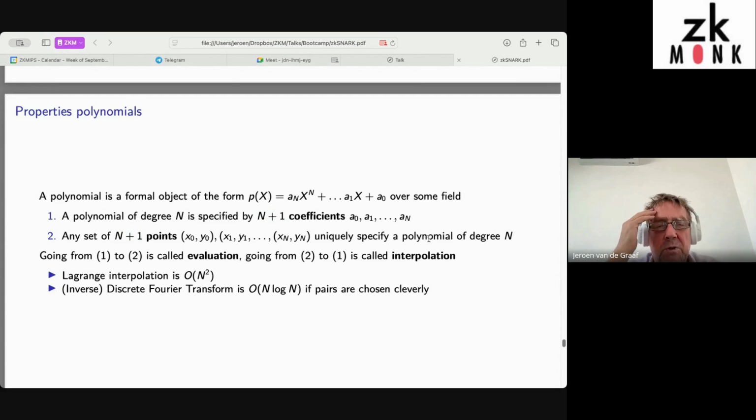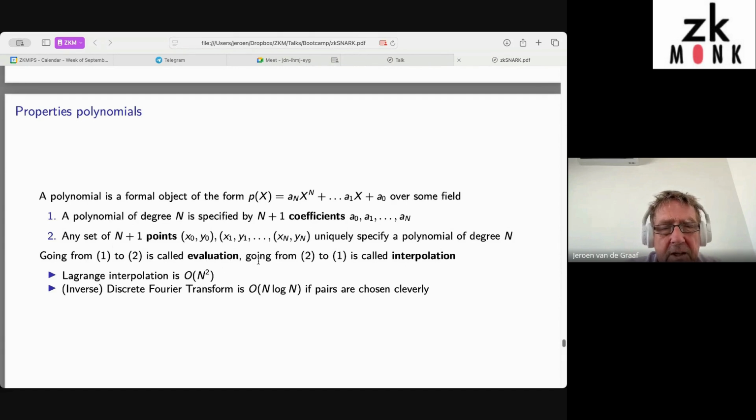Three points of a 2-degree function define the polynomial. This is in general the case, and it's important to know this terminology. If you go from 1 to 2, so you have the polynomial specified as coefficients and you want to evaluate it at a point, that's called evaluation.